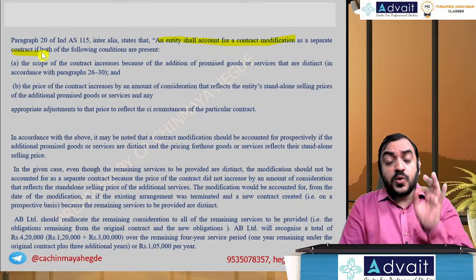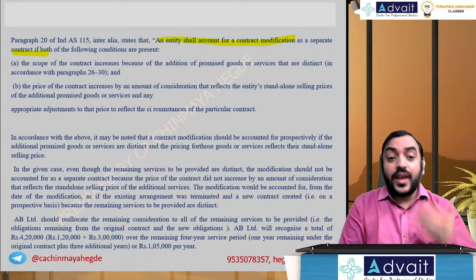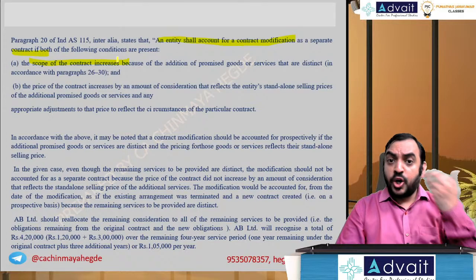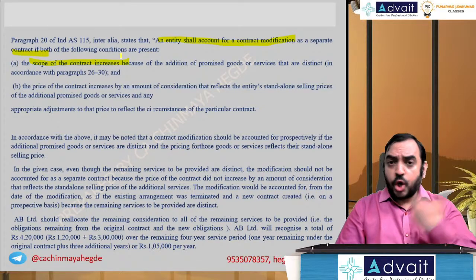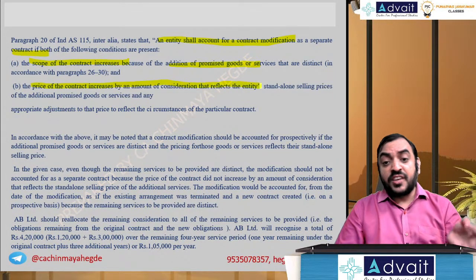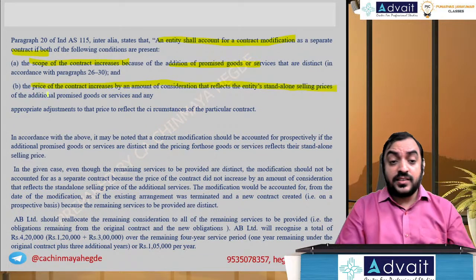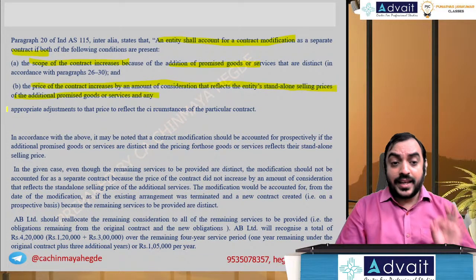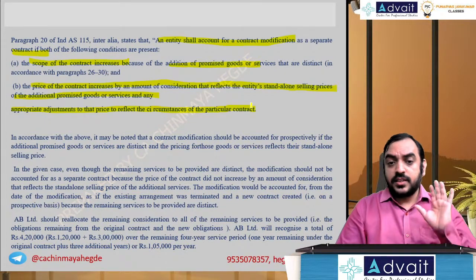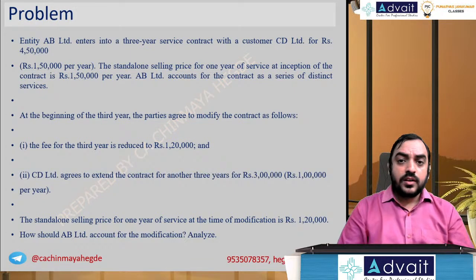An entity shall account as a separate contract when the scope of the contract increases because of more units or more service, because of additional promised goods that are distinct, and the price of the contract increases by an amount of consideration that reflects the entity's standalone selling price of the additional promised goods and any appropriate adjustments to reflect the circumstances of the particular contract.